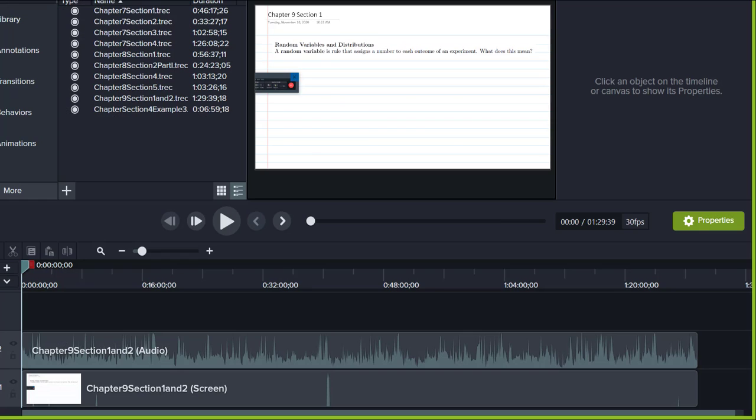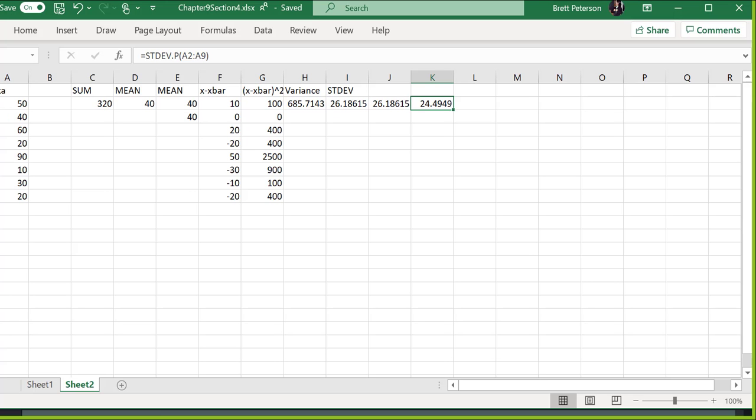And then we want to know, well, what percentage of our data points fall within 1 standard deviation of the mean. So if our standard deviation is 26.18, our two values are going to be 40 minus our standard deviation, so I2, and 40 plus I2.